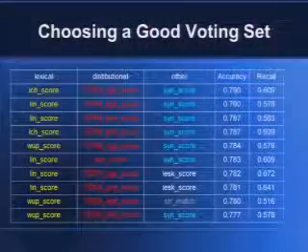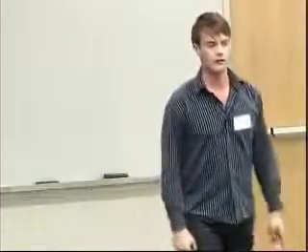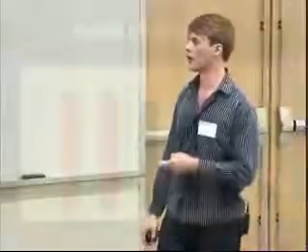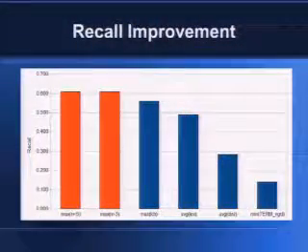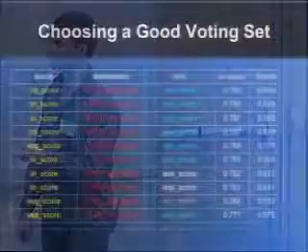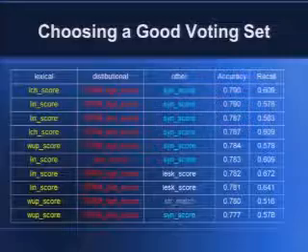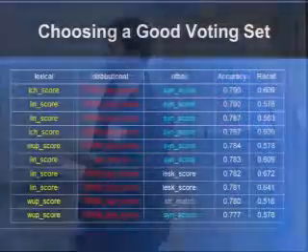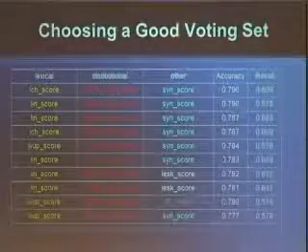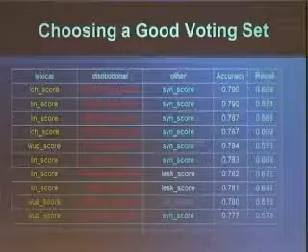So one other important thing about this is that there's quite a good pattern for determining what would be a good collection of metrics to use in voting. Although I just reported the top score for 3, there's this quite robust pattern where if you choose one lexical score, one distributional score, and one of these other scoring metrics, these are the top 10 n equals 3 voting groups.